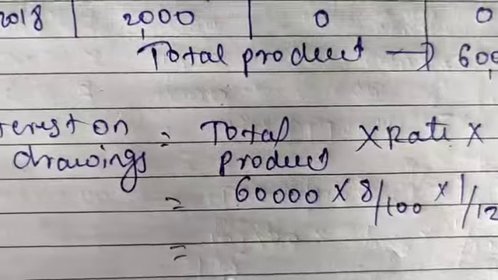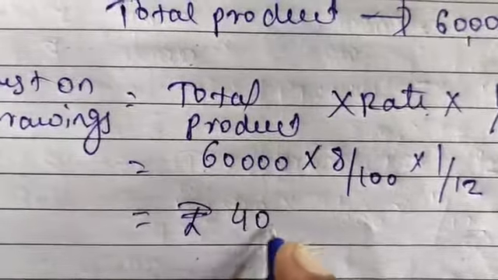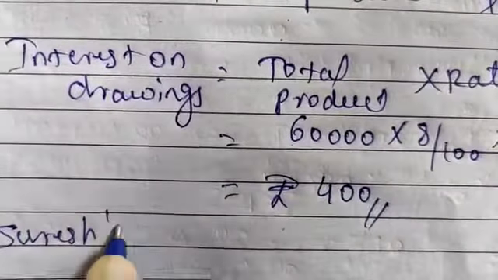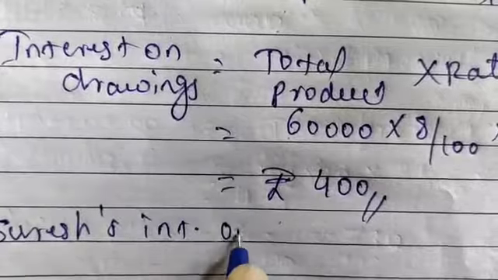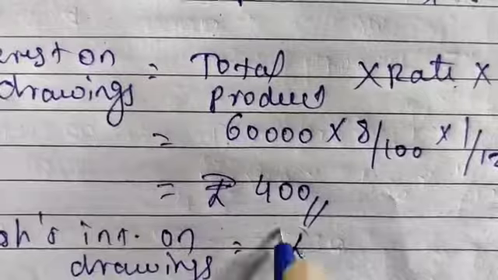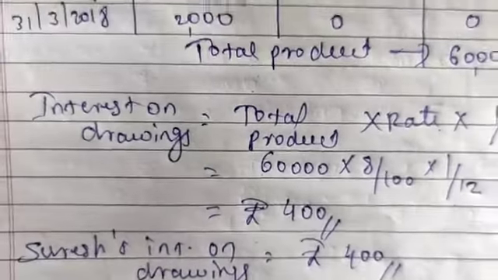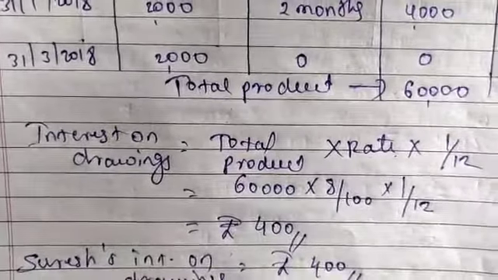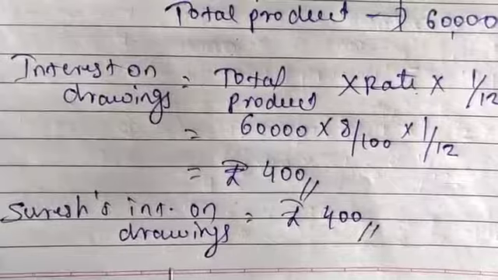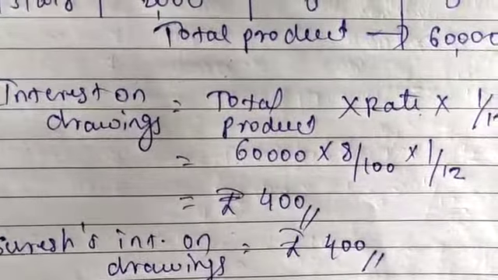So the direct calculation gives rupees 400. So the last line: Suresh's interest on drawings equals rupees 400. You should write the last line here because you get 1 mark for writing this. It is compulsory that Suresh's interest on drawings should be written here as rupees 400.